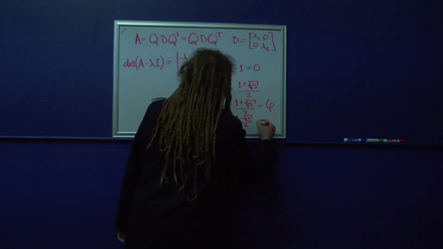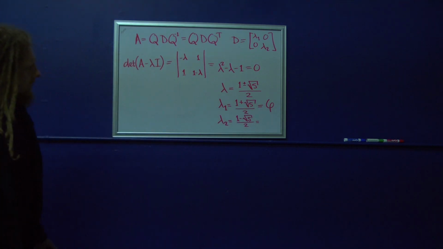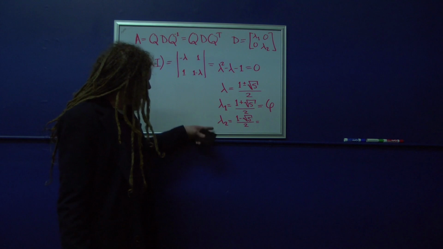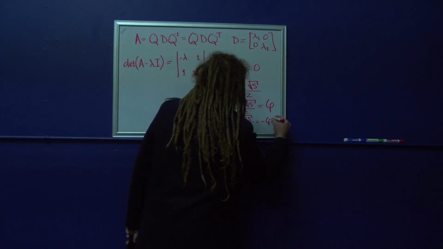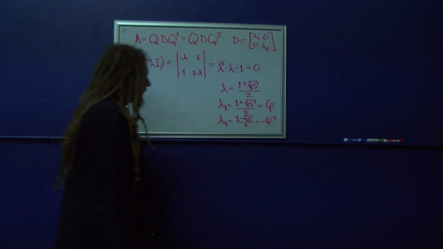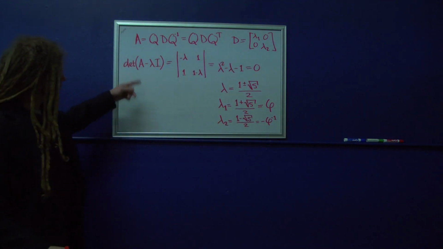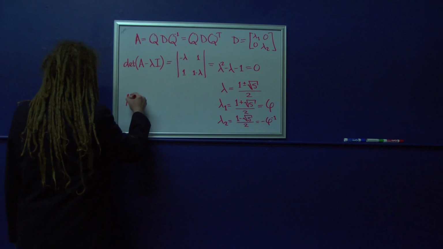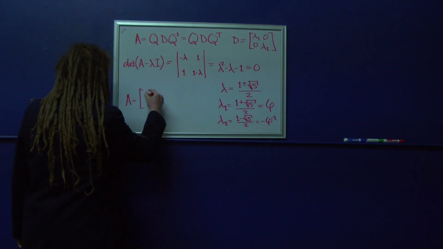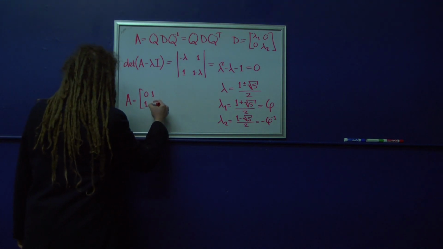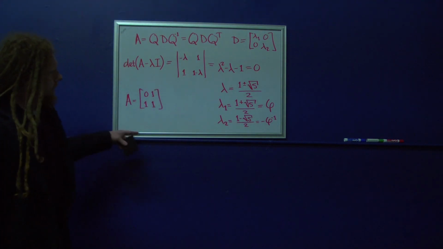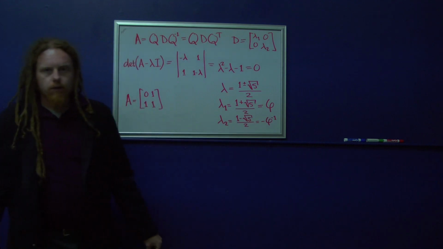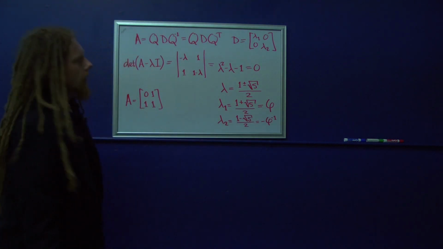And here is one place I misspoke on our last discussion. I said that the second eigenvalue was phi inverse. This is actually minus phi inverse. And that's what we want, because if you look back at the original matrix A, the determinant of this guy was minus 1. And so we need the product of the eigenvalues to also be minus 1.